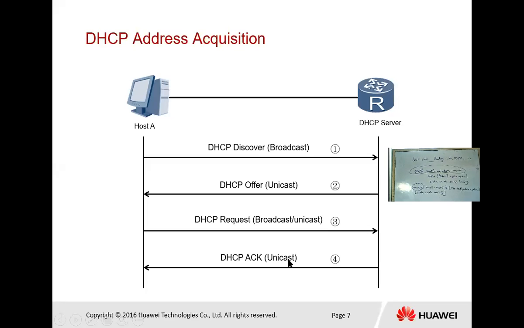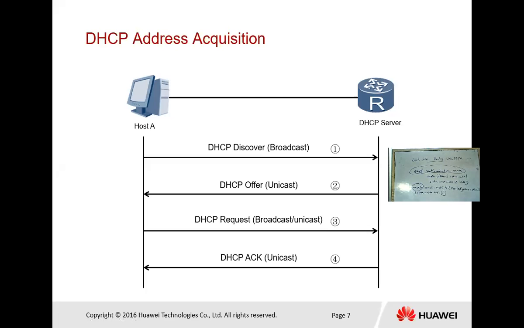So before the start of the conversation, the host assigns itself an IP address of all zeros, 0.0.0.0, as the source IP, and 255.255.255.255 is the destination IP address for the first message.